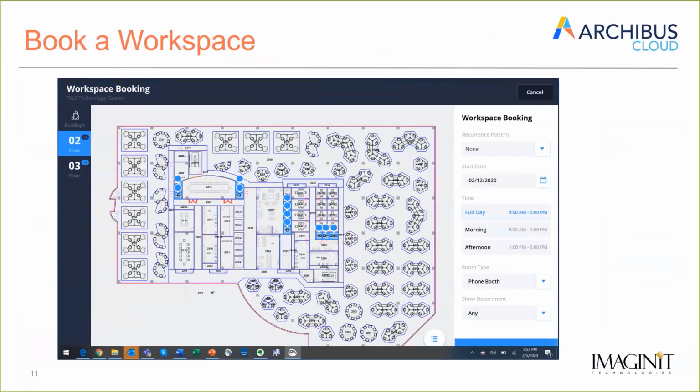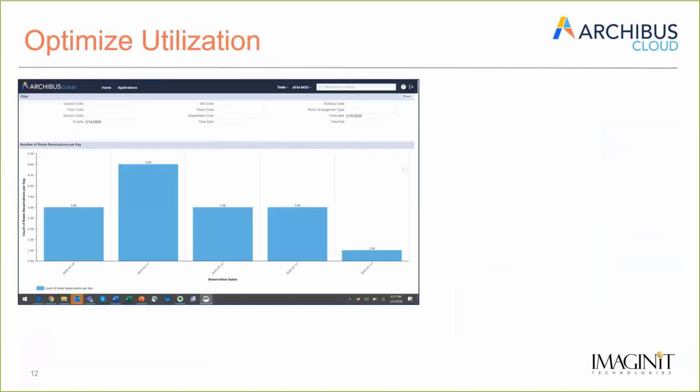In this case, maybe I'm looking for a phone booth, and based on the date I'm selecting, it tells me what rooms could be available, and from that I would select what I'm going to use. On the back end of this, it's our job to help measure and monitor what is going on with that space and make sure that we're getting full utilization of the space. We can see the volume of reservations that we have, and the amount of time that we're using within the system.